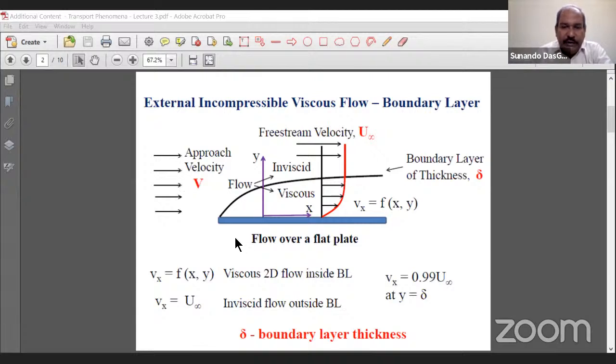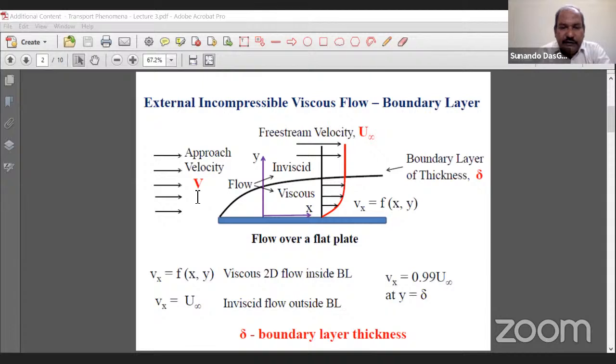Okay. So what we have for the case of a hydrodynamic boundary layer is that, let's say there's a flat plate and a fluid stream is approaching it with a constant velocity, which we call the approach velocity and denoted by the symbol capital V over here.